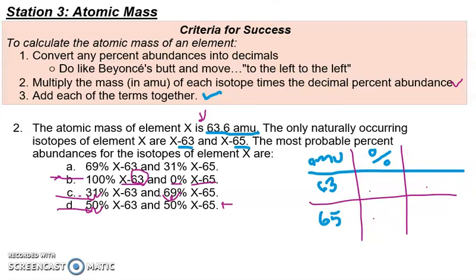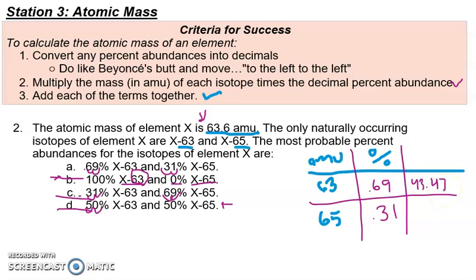A says that I have 0.69 of 63. I'm just turning my percentages into decimals. And 0.31 of 65. So now let me multiply these numbers together. 63 times 0.69 is equal to 43.47.